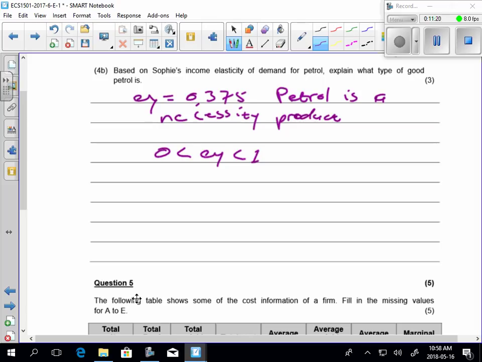Okay. I'll probably go one step further and say petrol is also a normal good, because of the positive answer in your equation. Right.